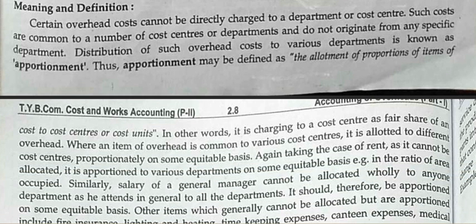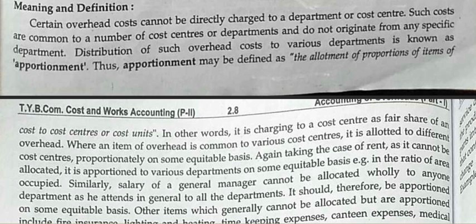We have seen what is apportionment. Certain overhead costs cannot be directly charged to a department or cost center. Such costs are common to a number of cost centers or cost departments and do not originate from any specific department. Distribution of such overhead cost to various departments is known as apportionment.